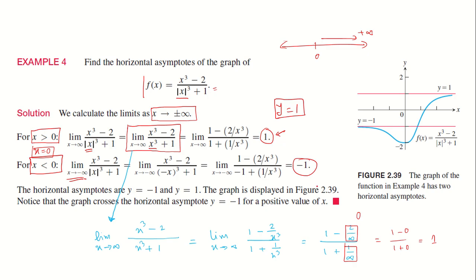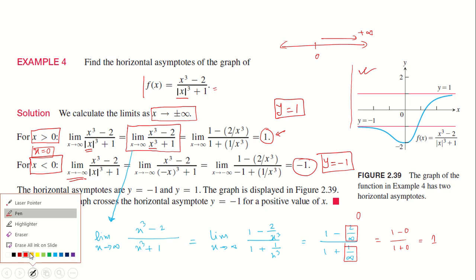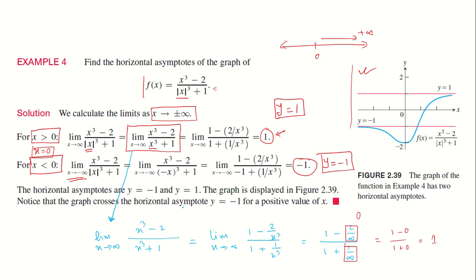Similarly for the next one, we have the limiting value negative 1. That means another horizontal asymptote, y equals negative 1. So in total we have two asymptotes here. If you notice the graph on the right, you can easily see this one and this one.